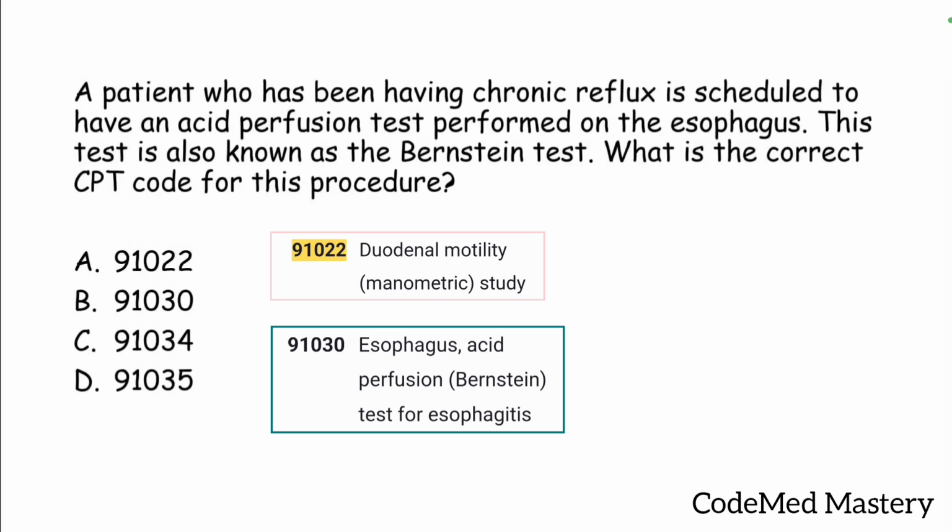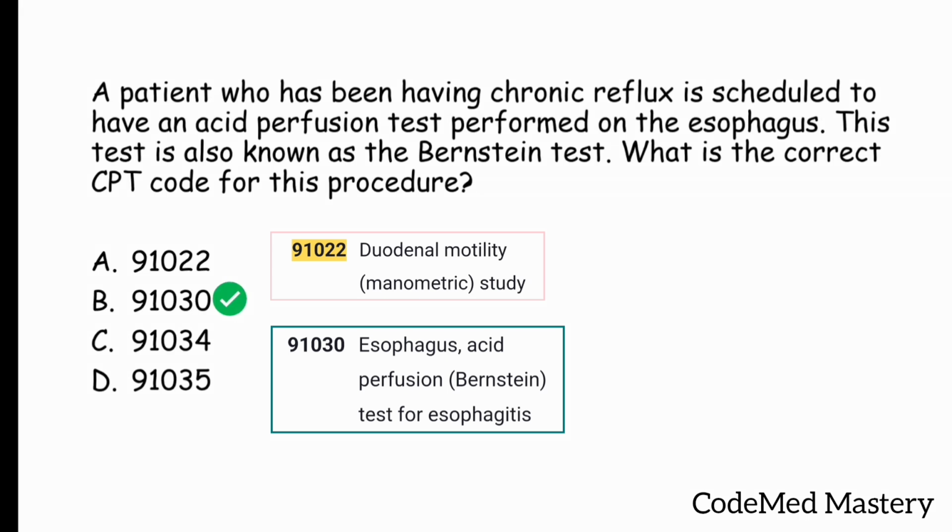In the question they have mentioned acid perfusion test is performed on the esophagus. This test is also known as Bernstein test. So the right answer will be option B 91030. We'll eliminate option A because duodenal motility study is not mentioned in the question.